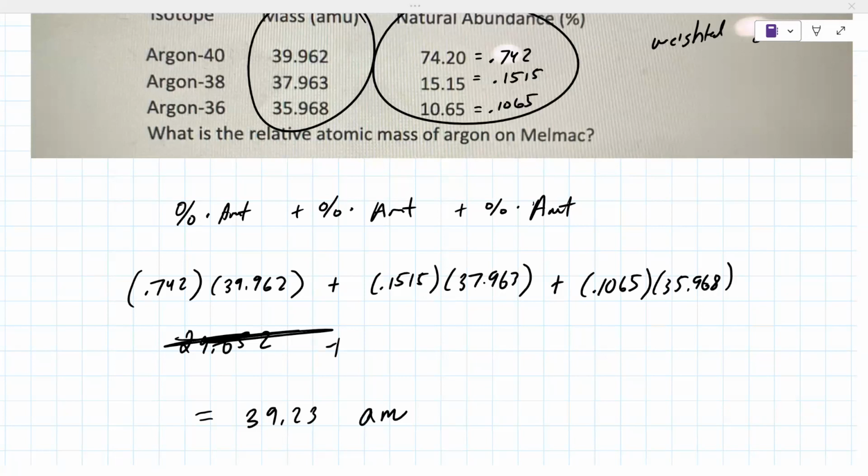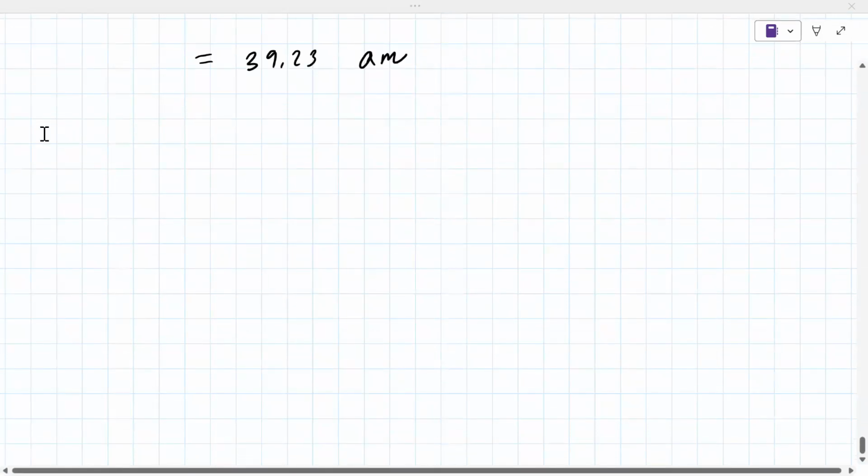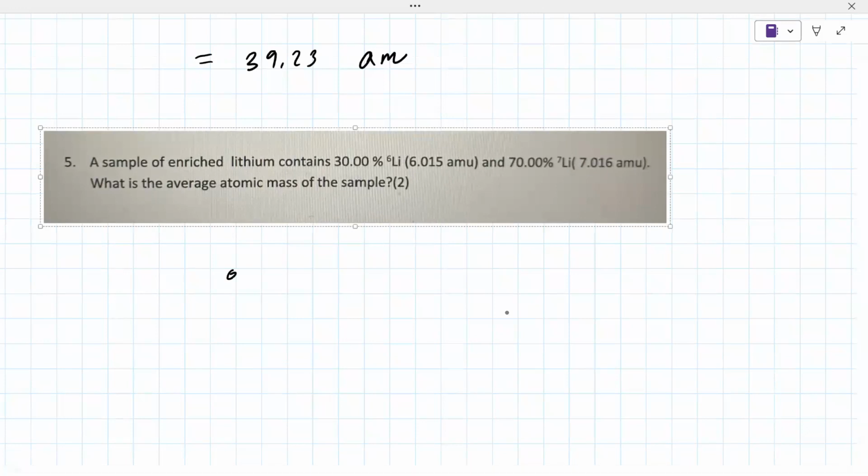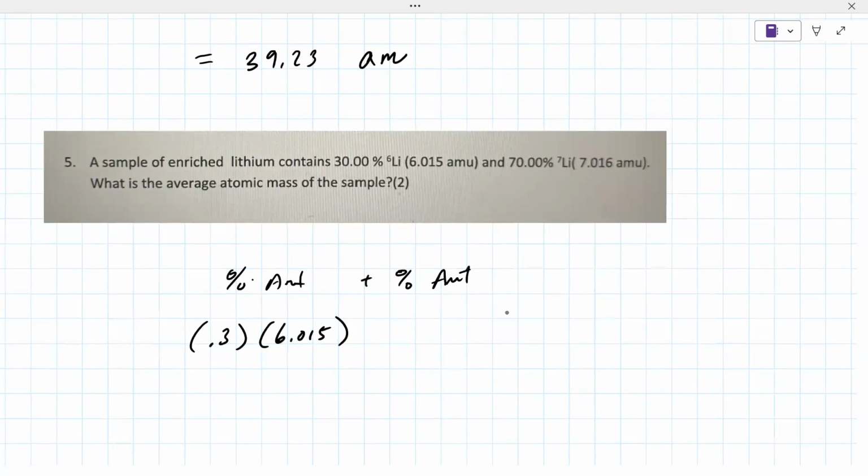Number 5 is actually slightly easier. There's only two of these, not 3 like the previous one, but it's still percentage times amount plus percentage times amount until you run out of amounts or percentages. So 30% is 0.3 times 6.015, plus 0.7 times 7.016.